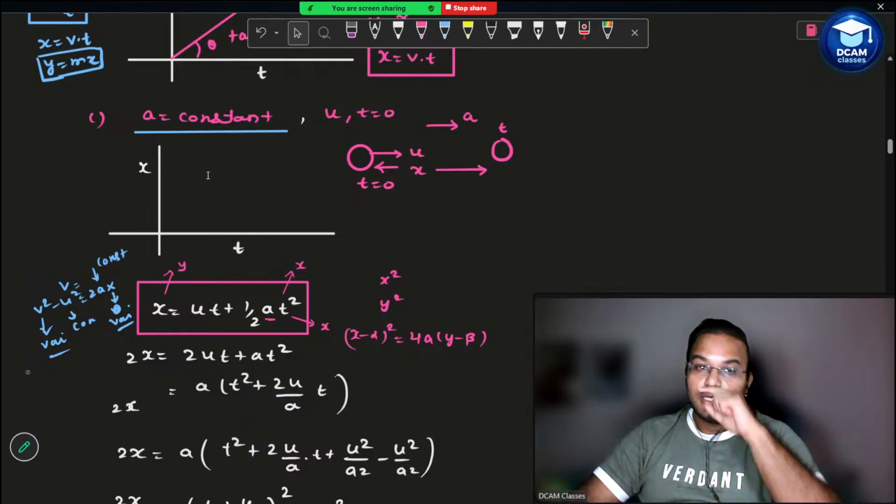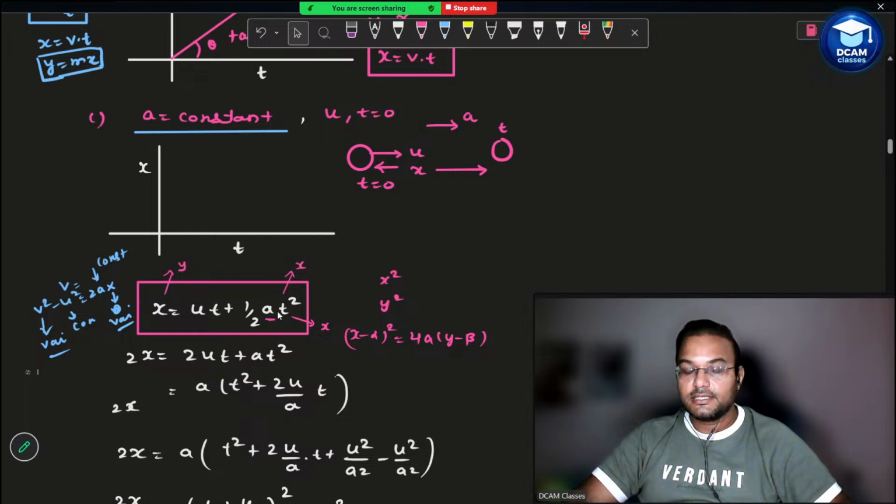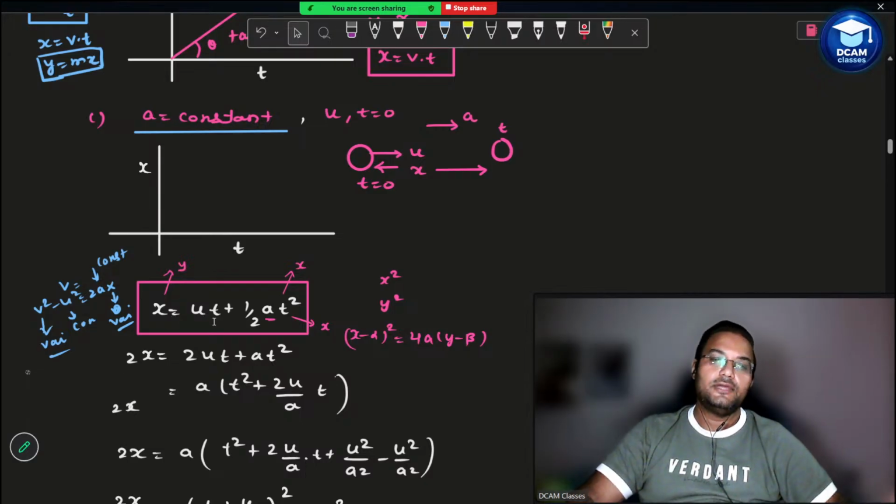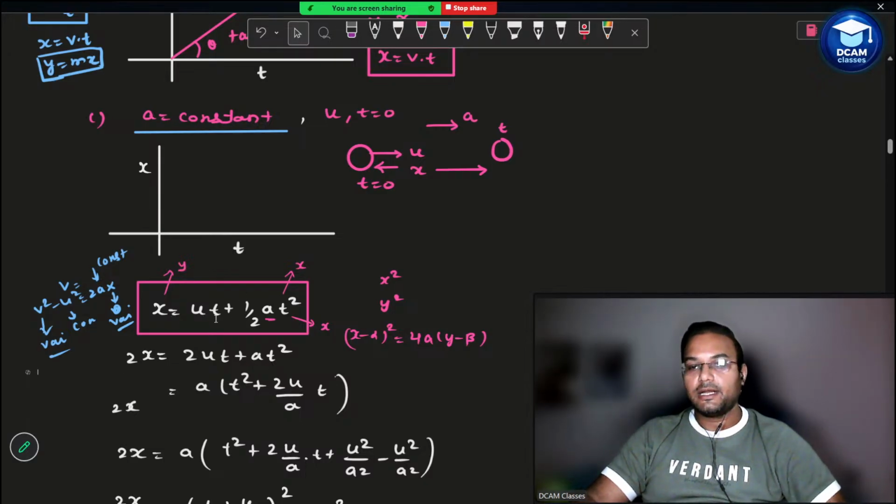Now here the y-axis is x and t is the x-axis. This is giving me a hint that it can be an equation of a parabola, but what type of parabola would it be? Let me see, multiply by 2 on both sides, it will become 2x is equal to 2ut plus at square. I will take a common, it will become t square plus 2u by a into t.